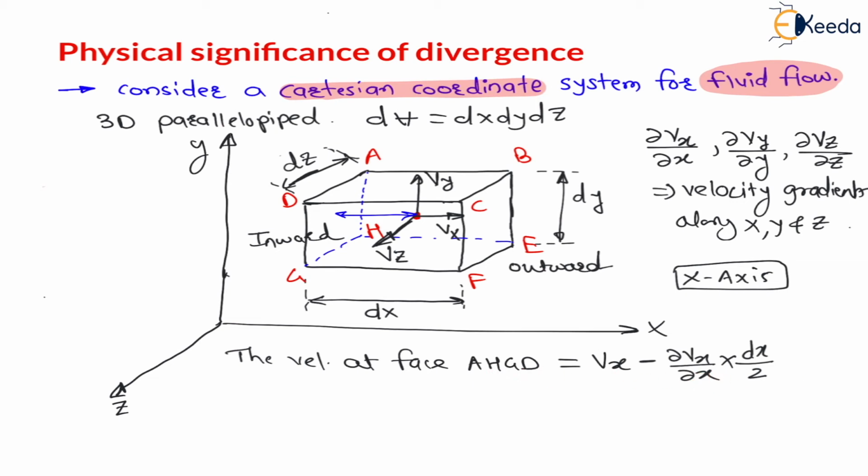Similarly, if I calculate the velocity on phase BCFE, similarly calculate the velocity along the x-axis at phase BEFC. It will be equal to, see, at center the velocity is Vx.